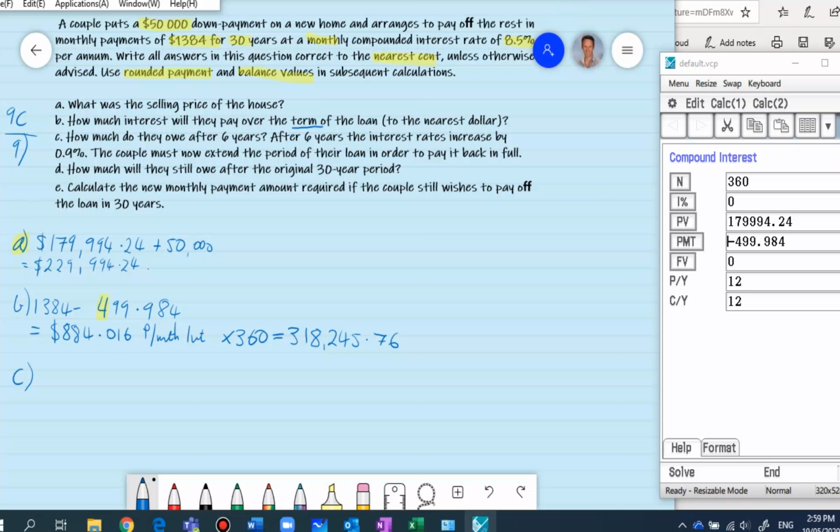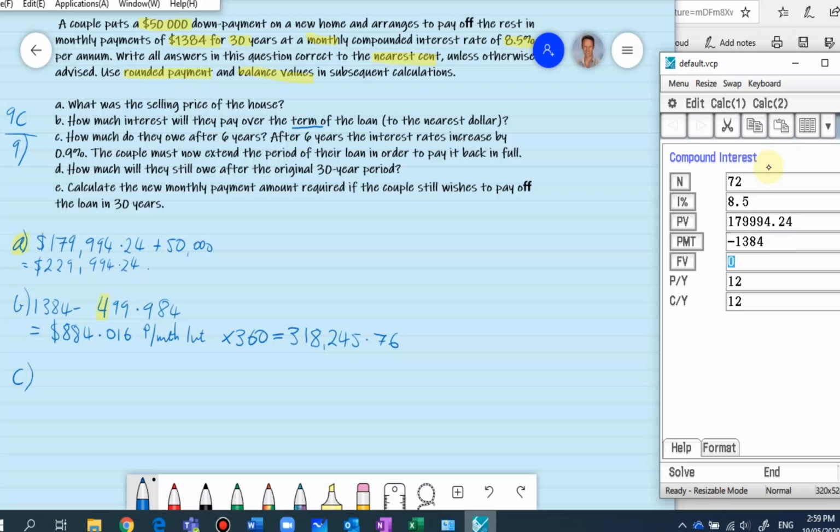Okay, so part C, how much do they owe after 6 years? So 6 years of monthly repayments, we've got 6 times 12, which is going to give us 72, at 8.5%. That's the present value. Their payments are still $1,384, so that's their original payment. And better put a negative in there.